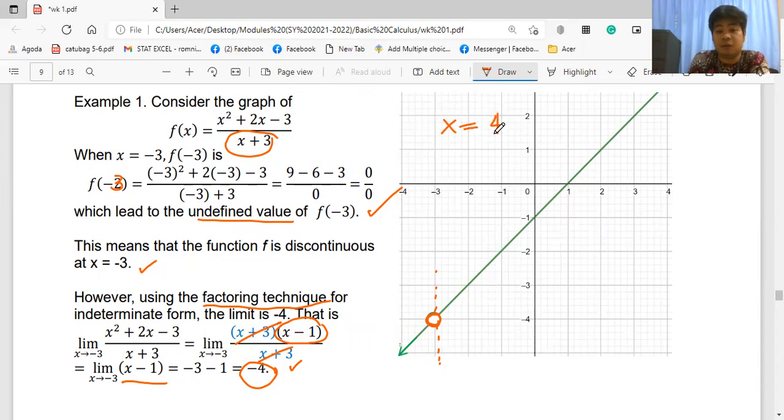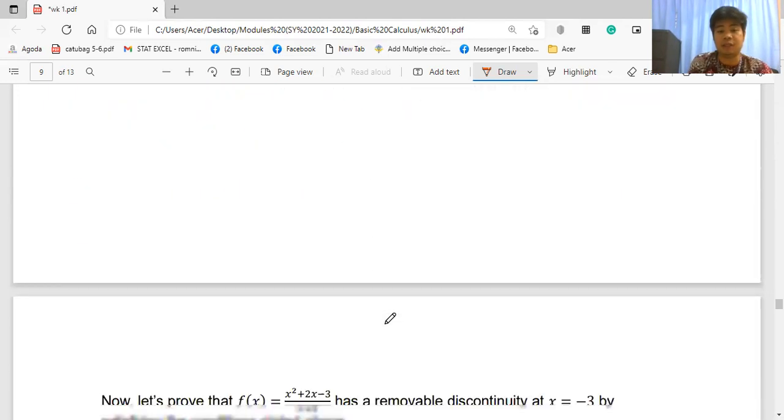Let's say x is equal to 4. Then obviously, hindi na siya removable, kundi continuity is true already. Dahil kung i-substitute mo ang 4 dito sa x plus 3, defined ang f of 4. Okay? Hindi naman kasi nag-0 ang denominator. And definitely, the limit also exists. So continuity is true. Negative 3 caused discontinuity on this given function.